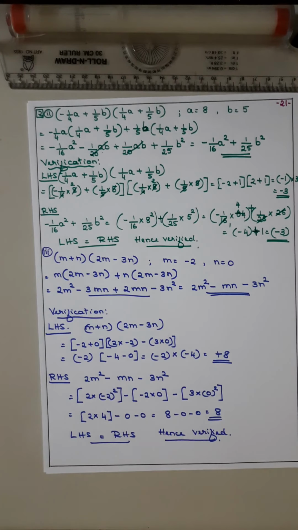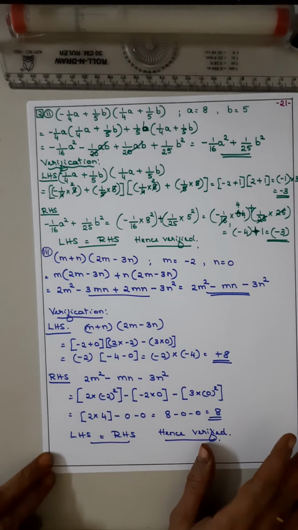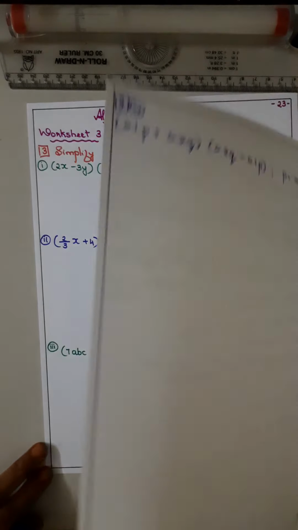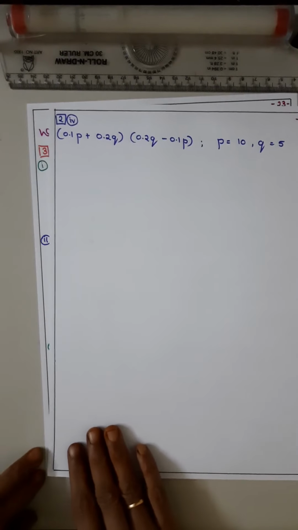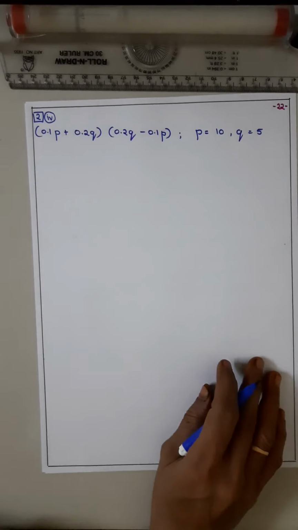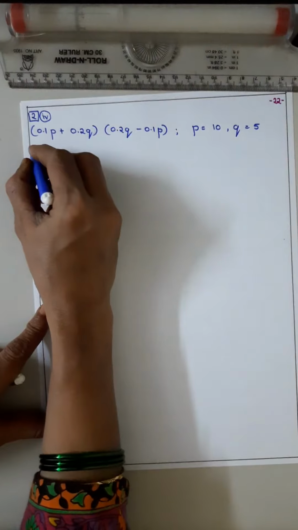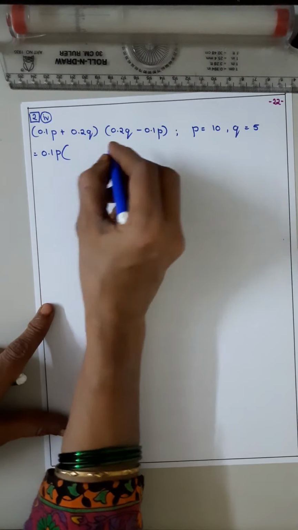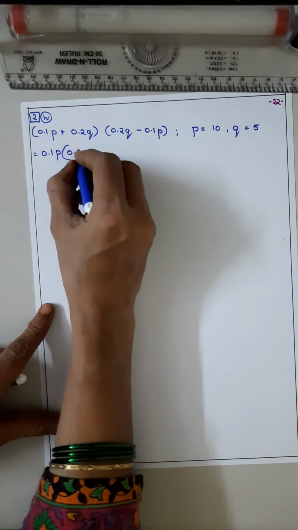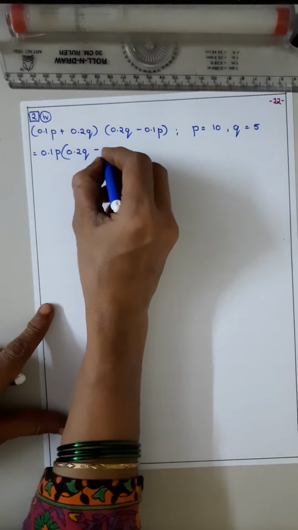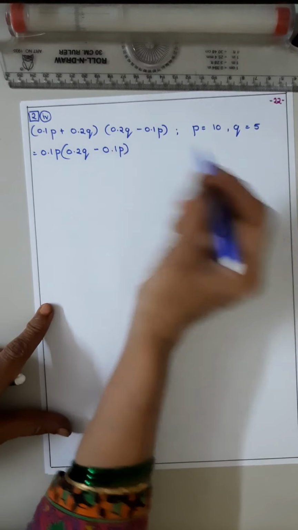Clear? So that was about the subdivision 3. Okay, now coming to the fourth subdivision. Second question, fourth subdivision. Okay, again a decimal. So (0.1p plus 0.2q) you have to multiply this, isn't it? (0.2q minus 0.1p).